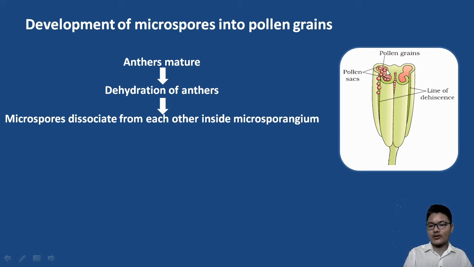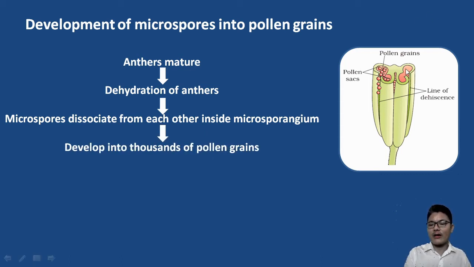After the formation of microspores, usually microspores are associated close to each other. But because of the drying up of the anther and loss of water, there is separation of microspores inside the microsporangium, which will later develop into thousands of pollen grains.